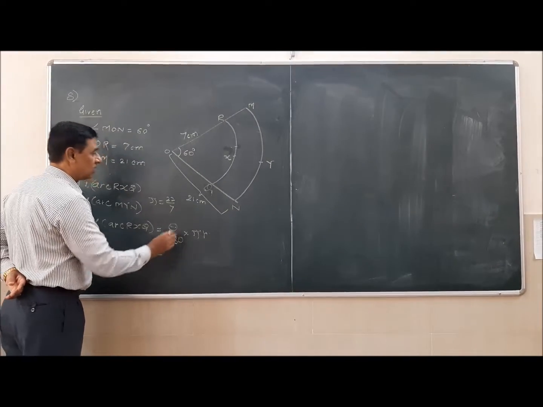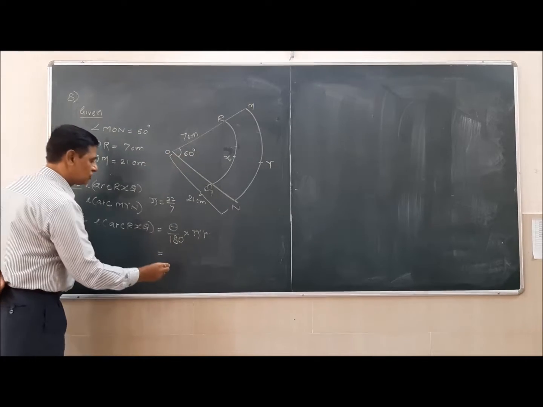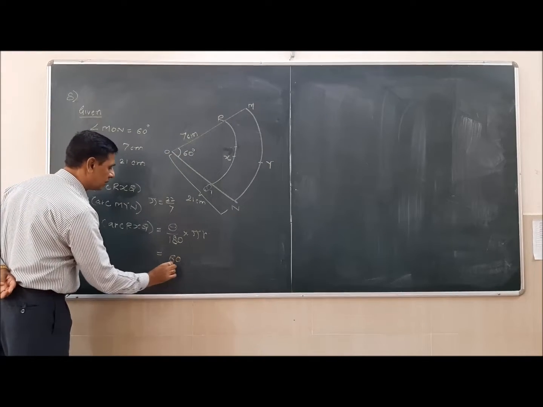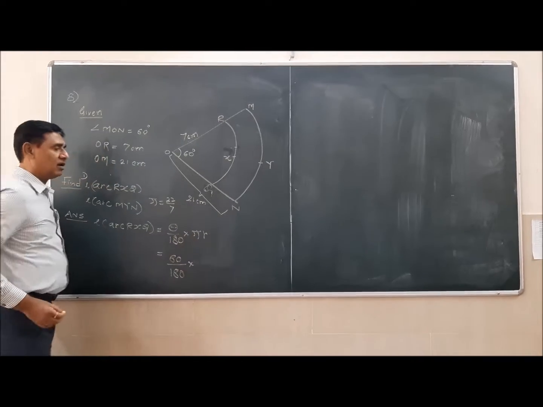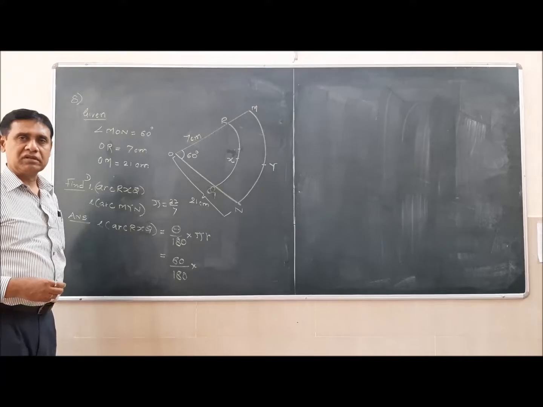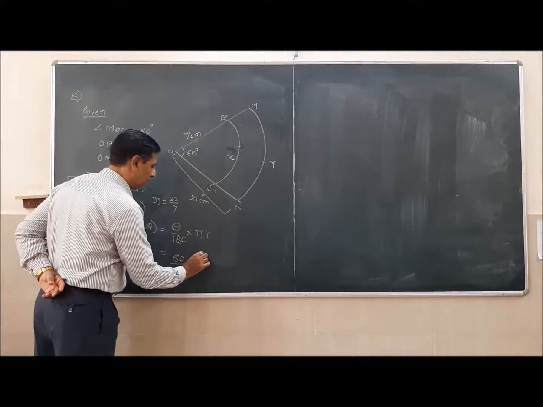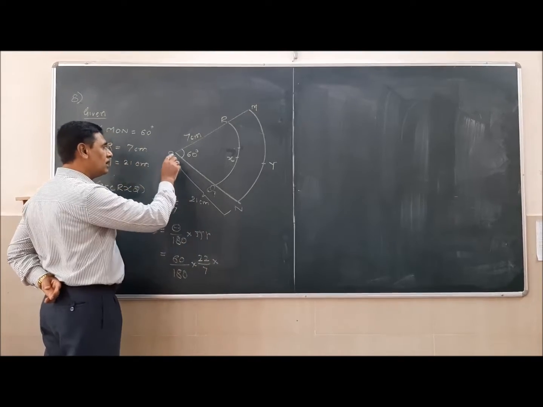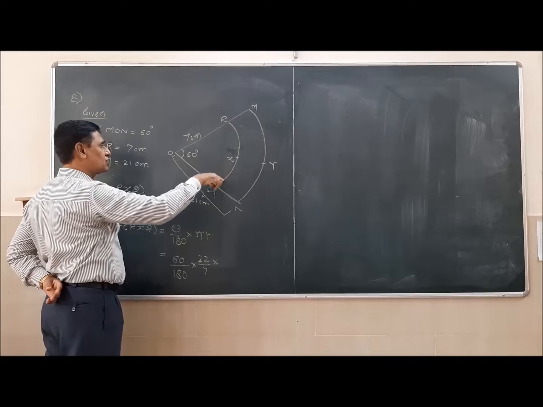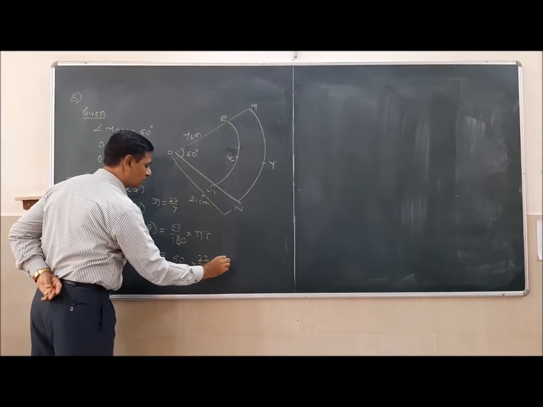Theta, which is common for both the arcs, is 60 upon 180, into the value of pi, which I am going to substitute as 22 upon 7, into the radius for arc RXQ, which is given as 7 centimeter, so into 7.